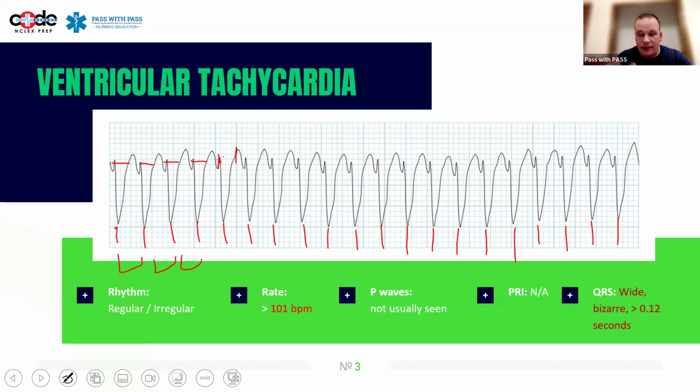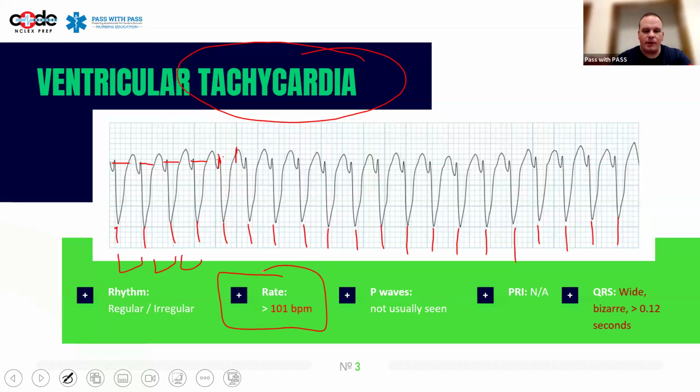It's wide. And then the last piece of that puzzle is, of course, the tachycardia part, right? So down here, you see on the slide, we have greater than 101 beats per minute. So by definition, we know that is tachycardia. Now, it's not common to see VTAC at slow rates like 110, 120, 130, but you can.